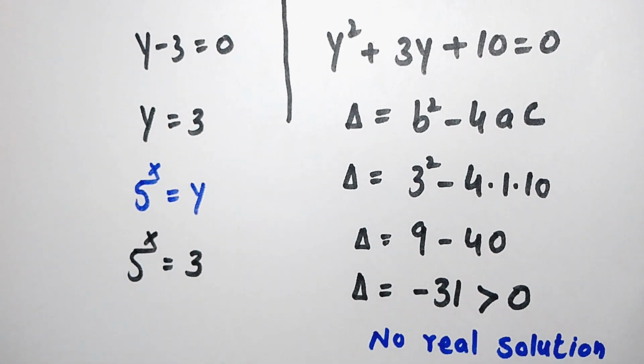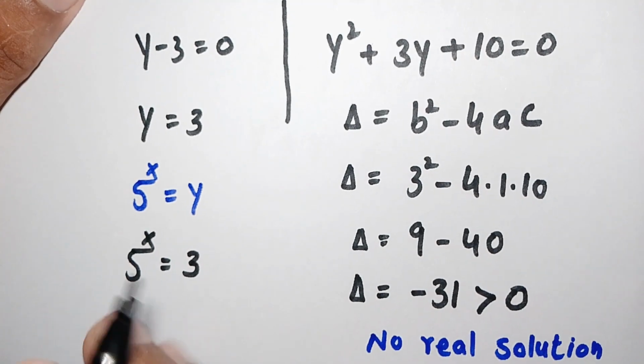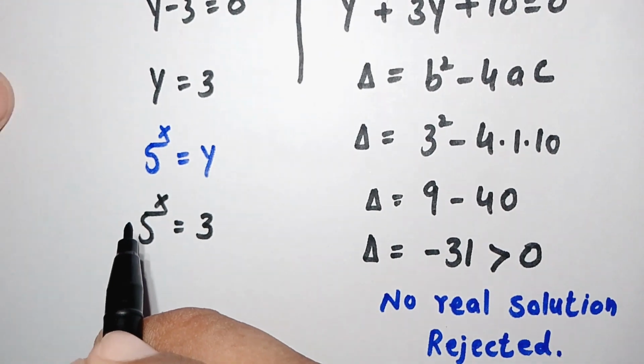Now from this, to find the value of x, we have to take log at both sides. So here this will become log of 5 to the power of x is equal to log of 3.